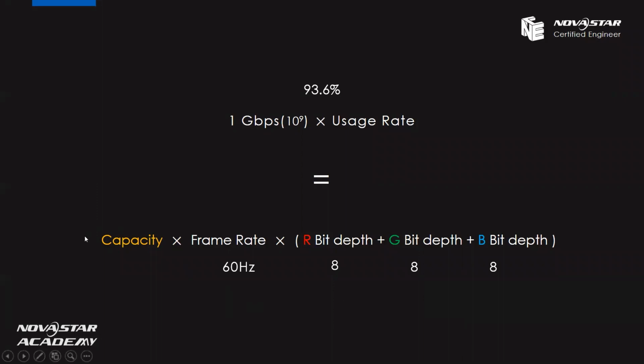So it is equal to the capacity multiplied by the frame rate and multiplied by the color depth of RGB. Here, the common input color depth is 8-bit, and the frame rate we test at is 60 Hertz.